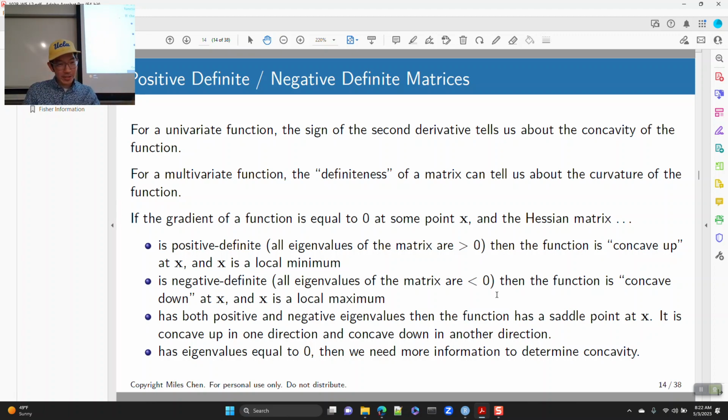But you have this concave down shape, right? And if you have a mix of both positive and negative eigenvalues, then it might be a saddle point, okay? And if you have eigenvalues that are equal to 0, then that makes it hard. So now you have this multi-dimensional aspect to it.